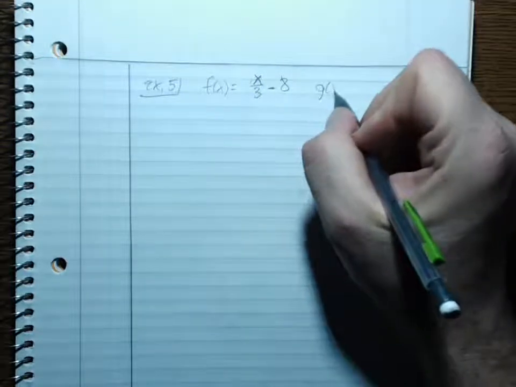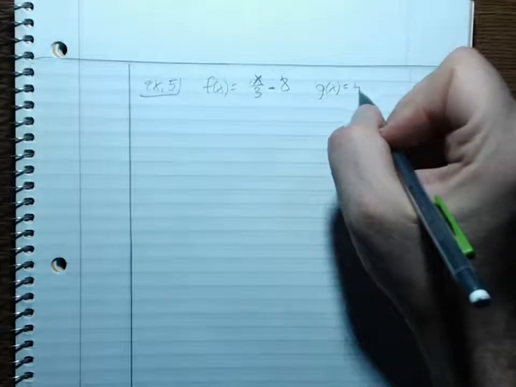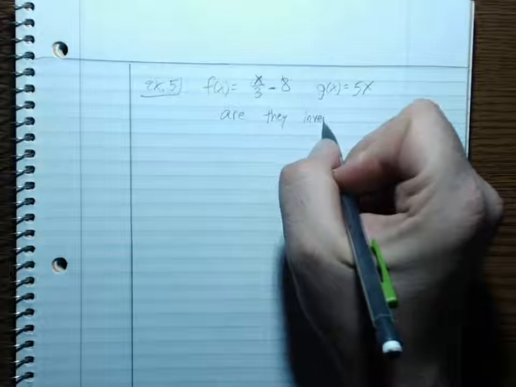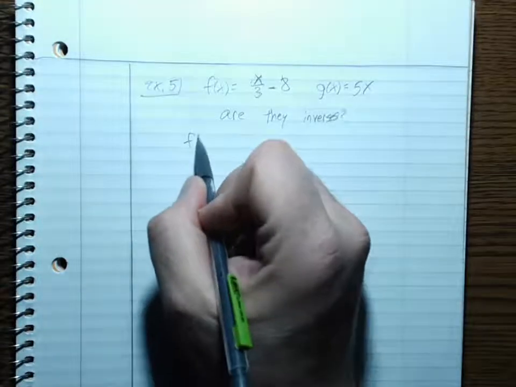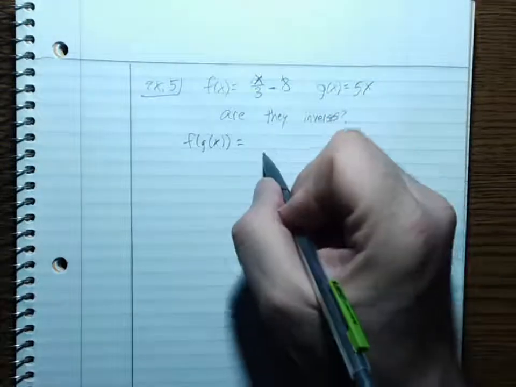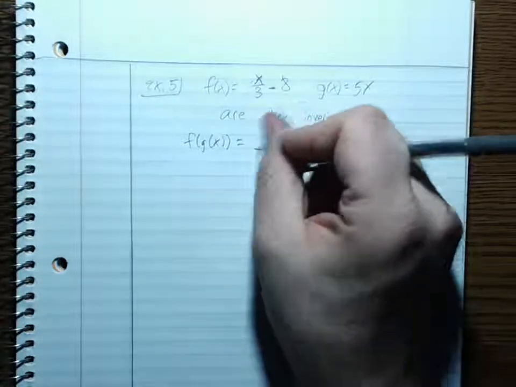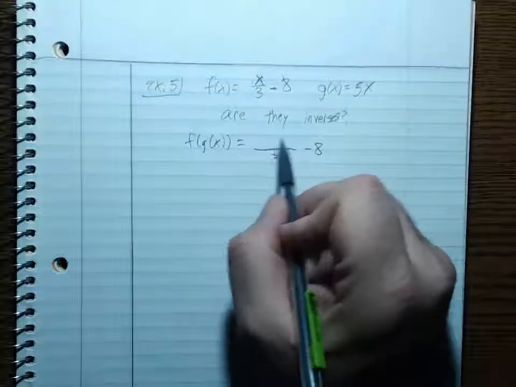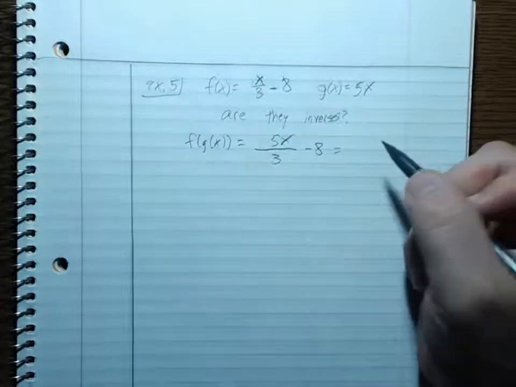And let's let g of x equal 5x. So are they inverses? Let's find out. So let's find out what f of g of x is. So I'm going to take x divided by 3 minus 8, and I'm going to replace the x part with 5x and go from there.